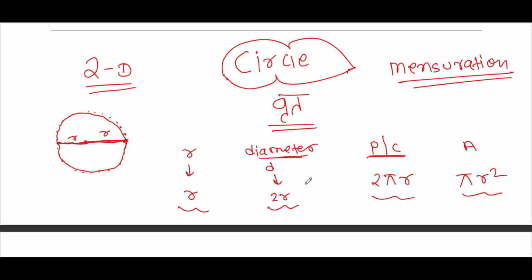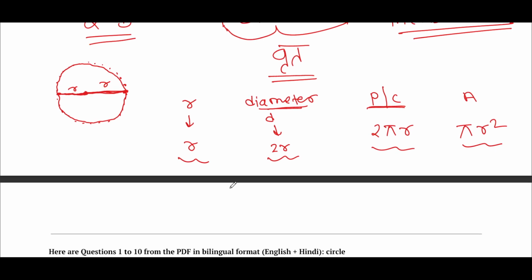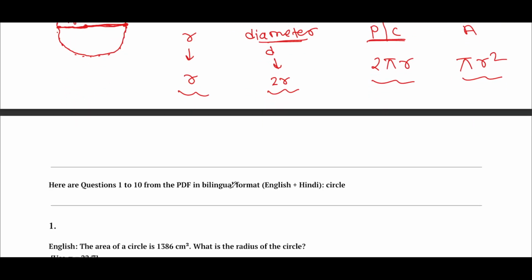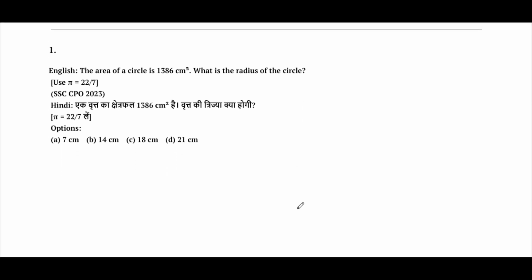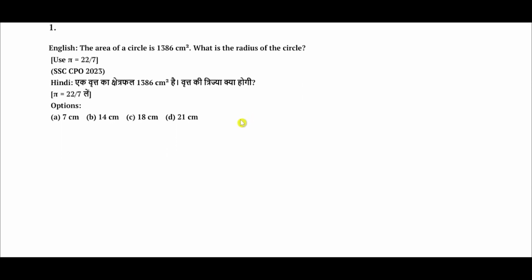So I want to deliver some interesting things. Let me explain something. Suppose you have this question, where the area of the circle is 1386.